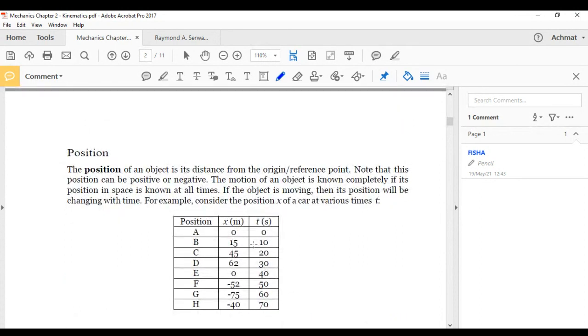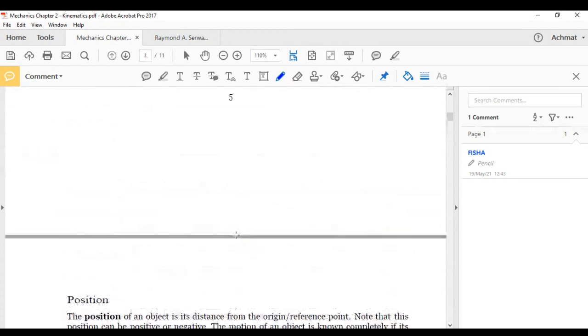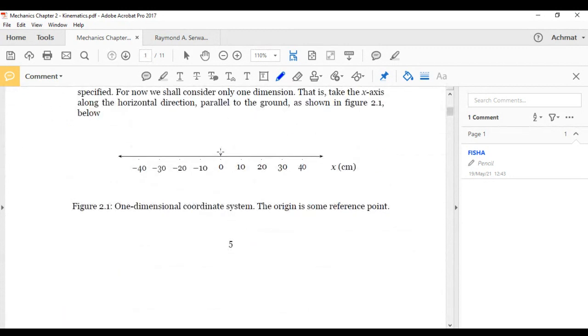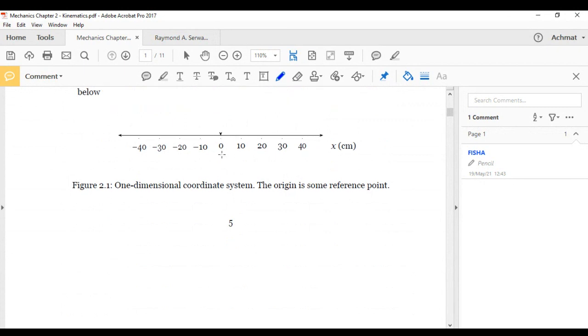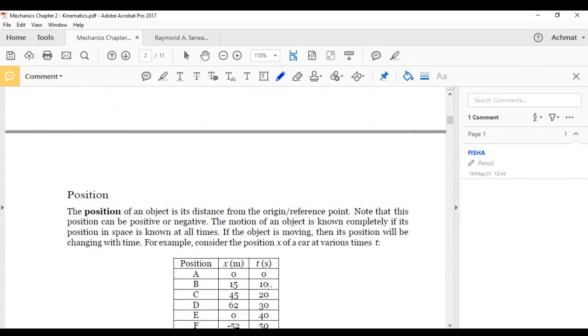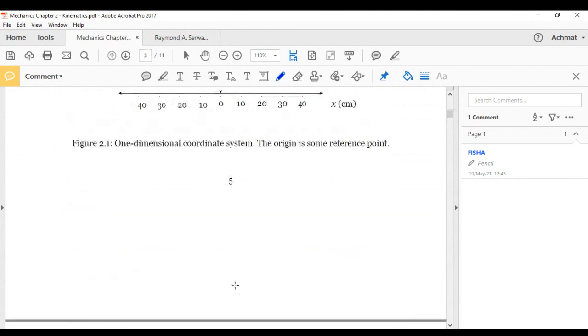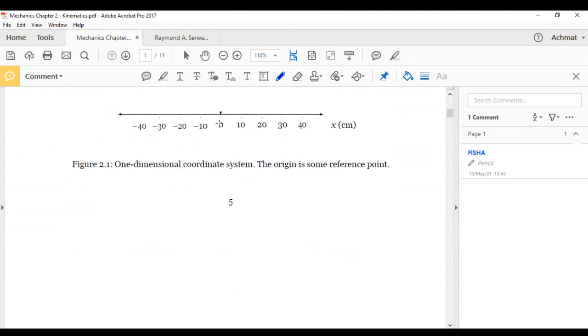You see here, for example, let's say we start moving, and at time equal to 0 seconds, my position is 0. In other words, we are at that position at time equal to 0. And then at a later time, 10 seconds later, we are at position 15. Right? So if we go from here, 0, positive 15, so it will be somewhere there. Okay, the dot will be there, and so on and so forth.